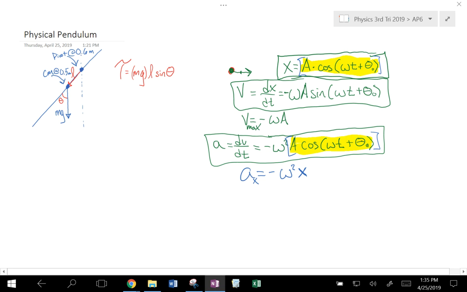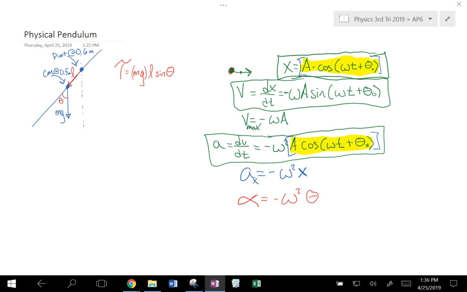Well, A cosine(omega t plus the initial angular position) is equal to x. So I could just come on down here to the acceleration expression and write acceleration as a function of position is omega squared x. Okay, that's linear, right? We've got linear acceleration, we've got linear position. I could turn that into angular by dividing those things by the radius. That would turn this into alpha, angular acceleration, and that would turn x into omega.